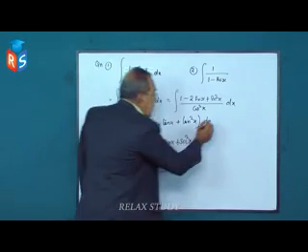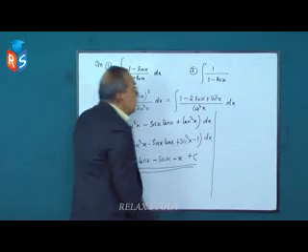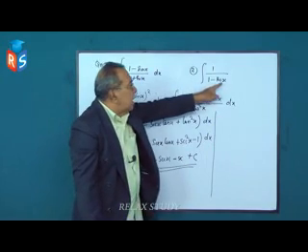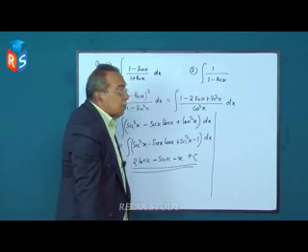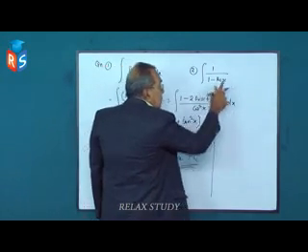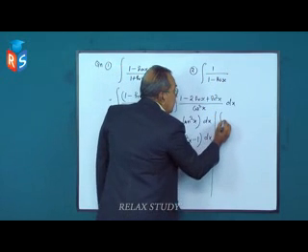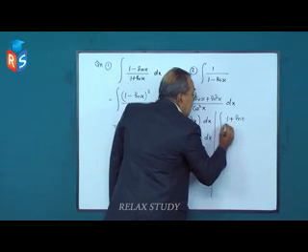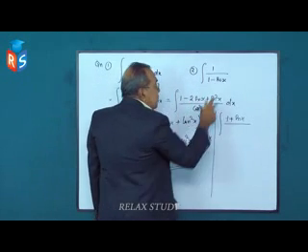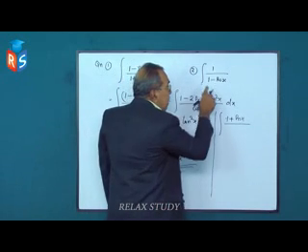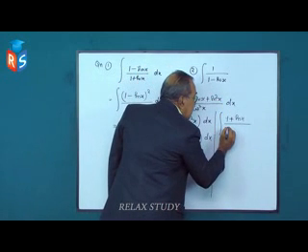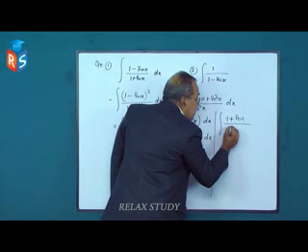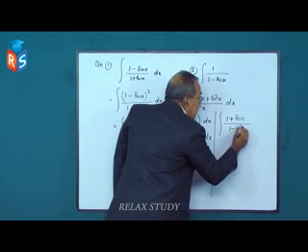Similarly, question number 2. Multiply the numerator and denominator by the conjugate of the denominator, that is integral of 1 plus sin x by 1 minus sin x into 1 plus sin x, which is 1 minus sin squared x, dx.